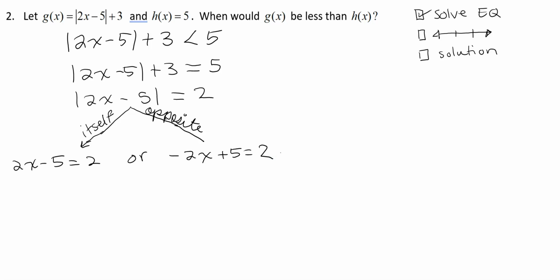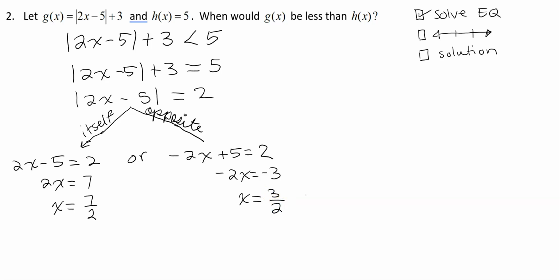And we will go ahead and solve these linear equations. So 2x is equal to 7, and divided by 2, x is 7 over 2. Same process on the other side. Minus 5, so negative 2x is equal to negative 3, divided by negative 2, x is 3 over 2.